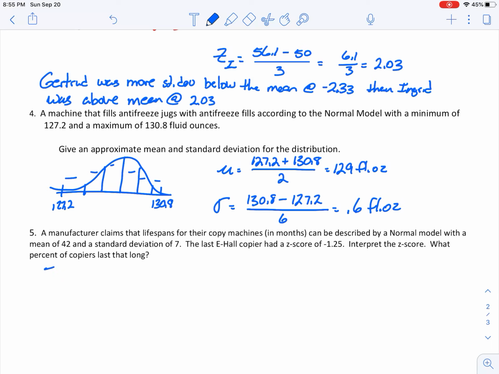So the E-Hall copier lasted 1.25 standard deviations below the mean lifespan.